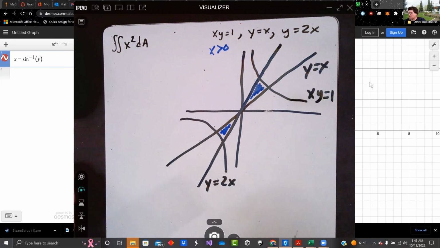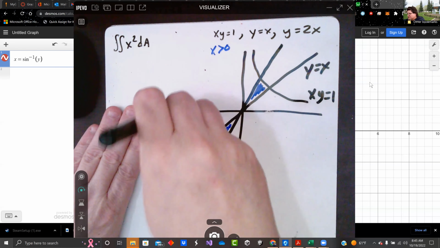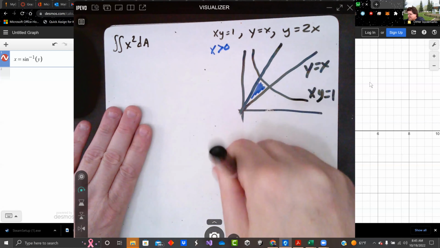I mean, you could show that this is that, or offsets that, but I don't want to do that because I don't want you to go, well, then the area is just 0. So we're just going to restrict that to x greater than 0.